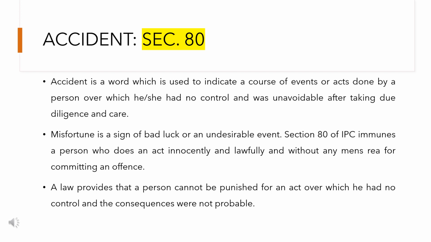Misfortune is a sign of bad luck or an undesirable event. Section 80 of the IPC grants immunity to a person who does an act innocently and lawfully and without any mens rea for committing an offence. The law provides that a person cannot be punished for an act over which he had no control and the consequences were not probable.